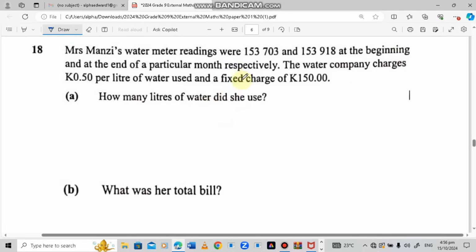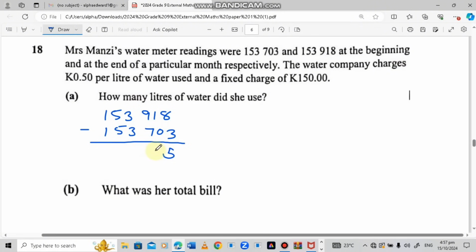To find how many liters of water this lady used in that particular month, you are going to say this later reading minus the previous reading. So we're going to have 153,918 minus 153,703. So 8 minus 3 is 5.